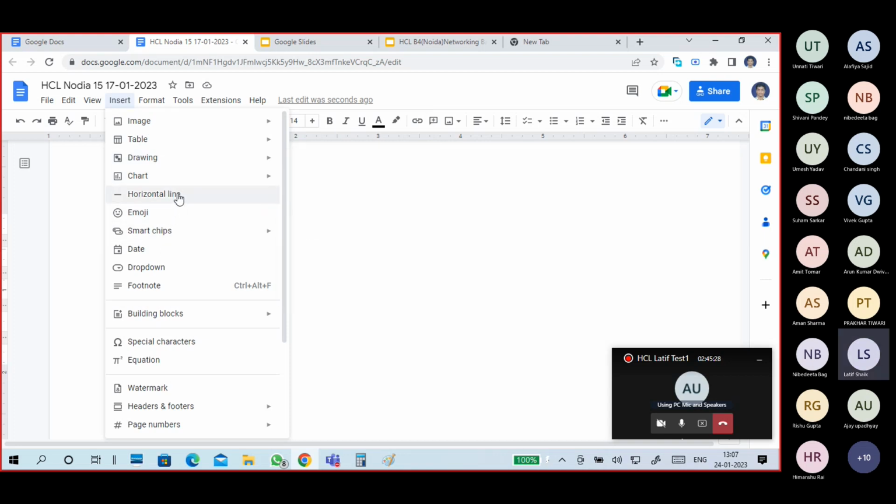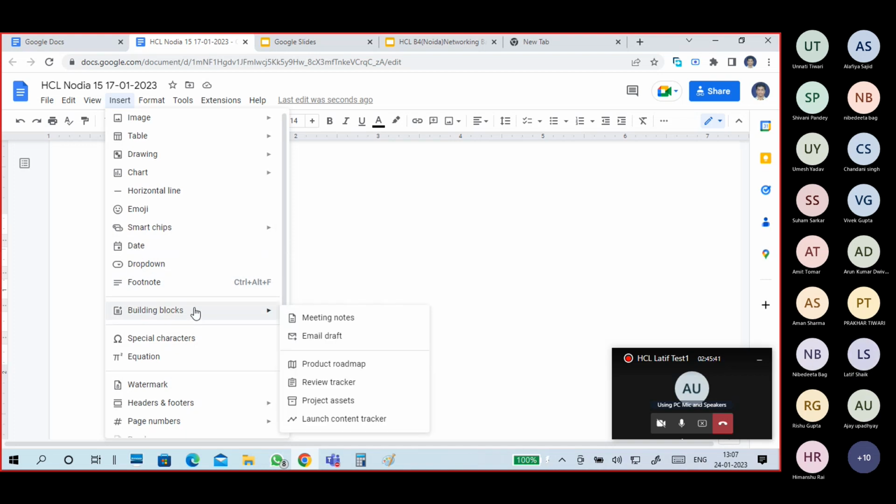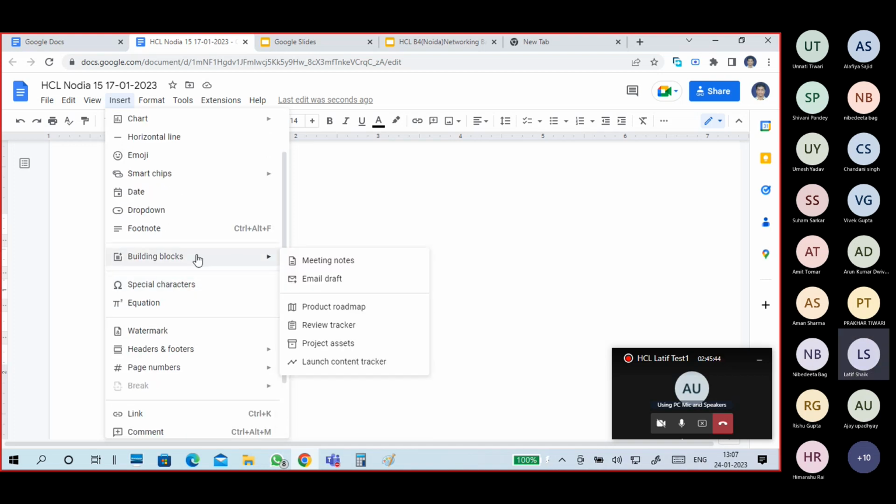Emojis, horizontal line, smart clips, people, calendar events, places, files, dates, drop down, footnote. We have so many options.